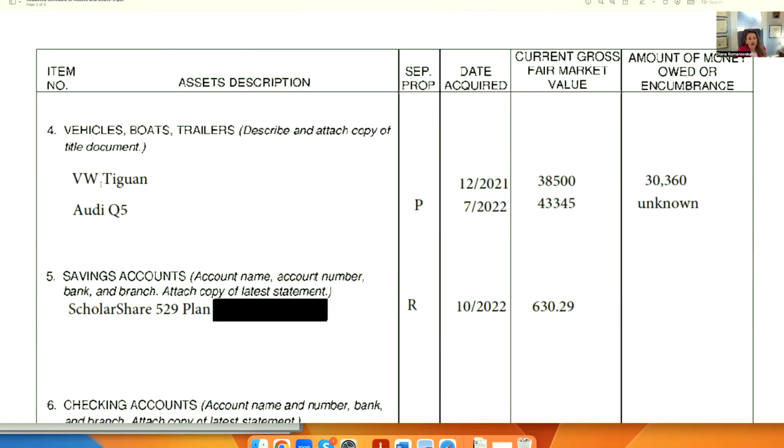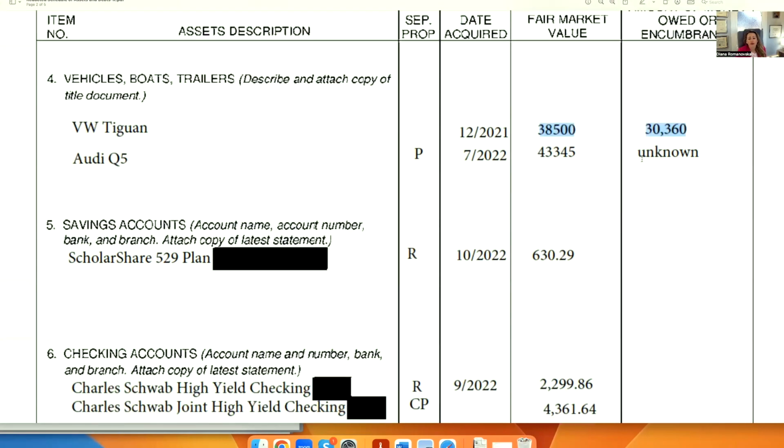Okay, so vehicles either leased, financed, or cash up front. Date acquired, current market value. Again, I would look at Blue Book to see the miles and the year and the make and all of that, and then put, if it's leased, actually it's financed, so it would be how much is owed to the bank. This is strange that someone wrote unknown.